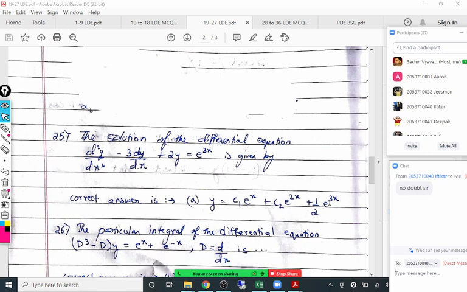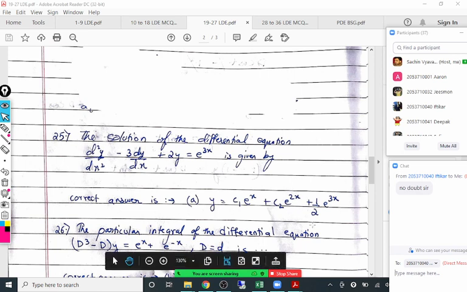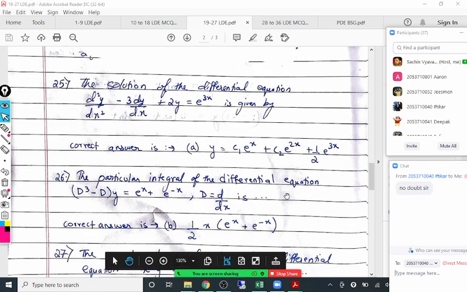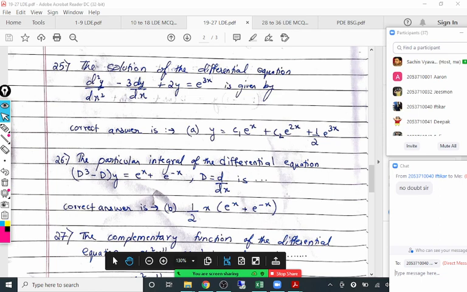It may happen that the question comes from this textbook, and you should know that the complete solution is asked, and you have to highlight the correct answer. So LHS gives you the CF and RHS gives you the PI. Then you can proceed there.